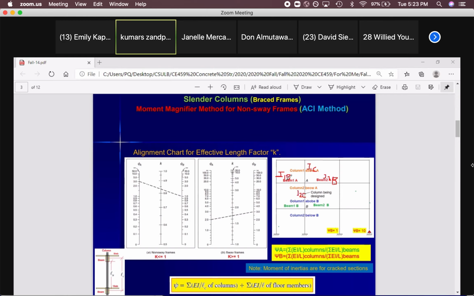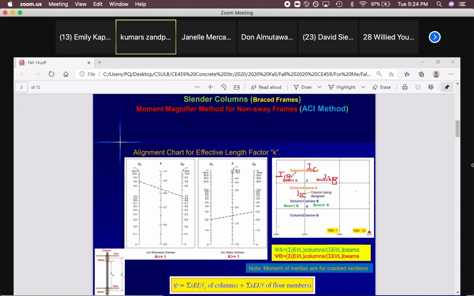Do the same for the beams. I1B times E. I1B is IG times 0.35 if it's a rectangular section, and times 0.7 if it's a T section. So you should know, if I give you a T section, 0.7 of this times E divided by center to center of the columns for the length of the beam, plus I2B times 0.7 if it's a T section, times E divided by the length of the beam.